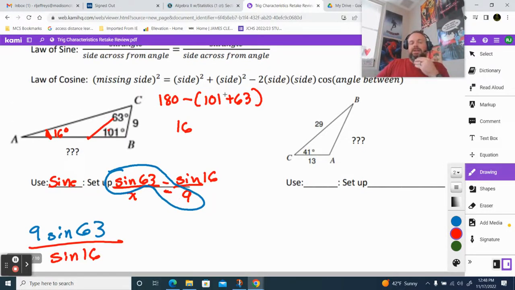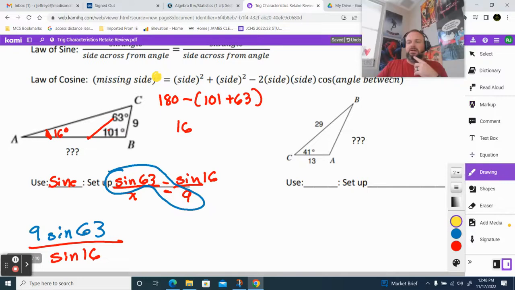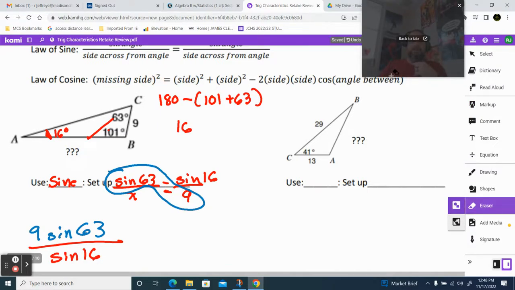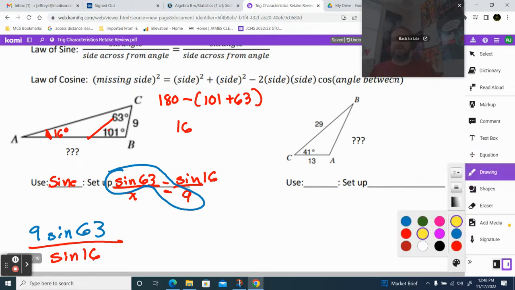Law of cosine. Here's where a lot of people messed up, and it was only -1. Missing side squared. A lot of people got all the way to the right part, and then went left at Albuquerque. This is going to be the law of cosine.